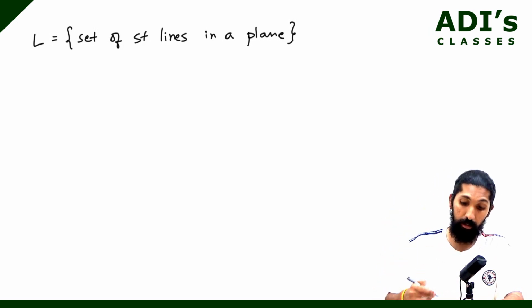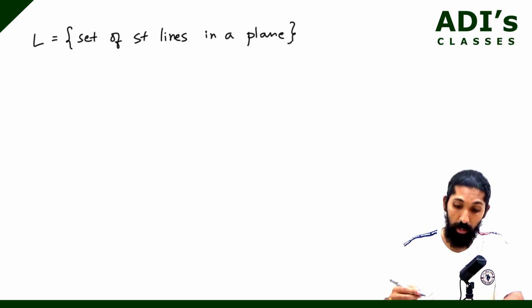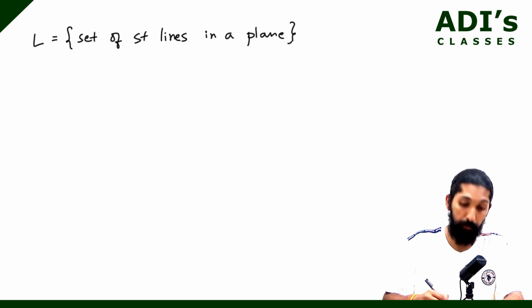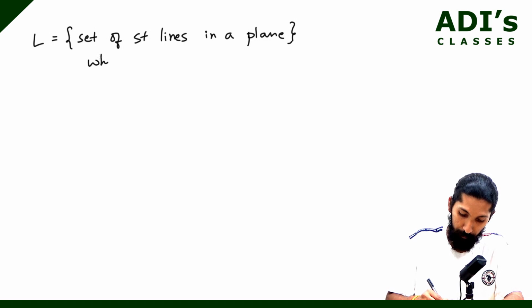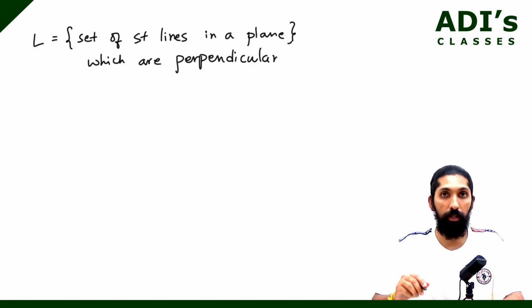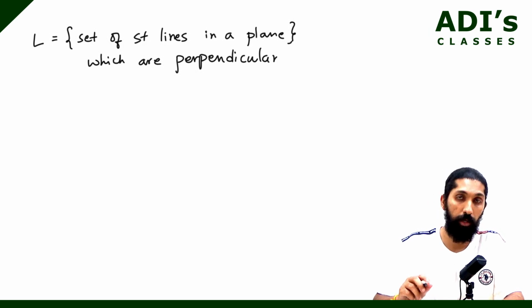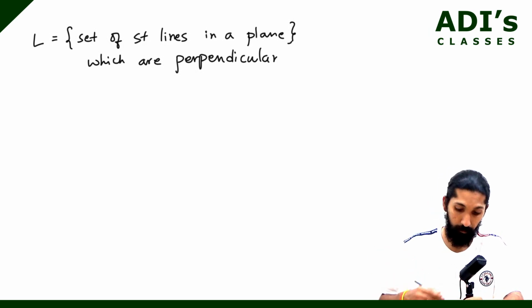Let's say the set of straight lines in a plane which are perpendicular. So, when they are perpendicular, let's see whether it is reflexive, symmetric, transitive, equivalence, everything.